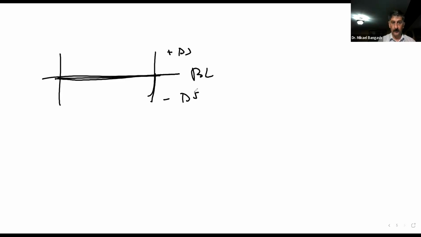So if you had a graph with a positive Doppler shift, it was going to be like this, or if you had a negative Doppler shift, it was going to be like this.